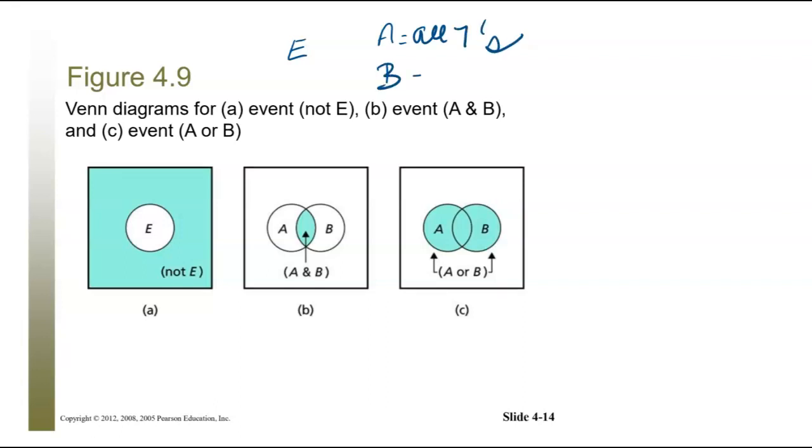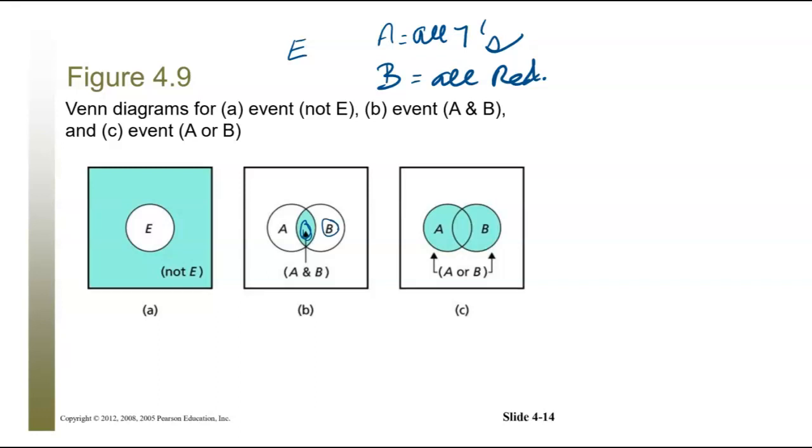And event B can be all red cards. So if event A is all 7s, and event B is all red cards, then obviously there's some overlap, because 2 of those 7s are also red. Your 7 of hearts and your 7 of diamonds are going to occur in this space. Your 2 7s that aren't red are going to occur here, and every other red card that's not a 7 is going to occur out here.